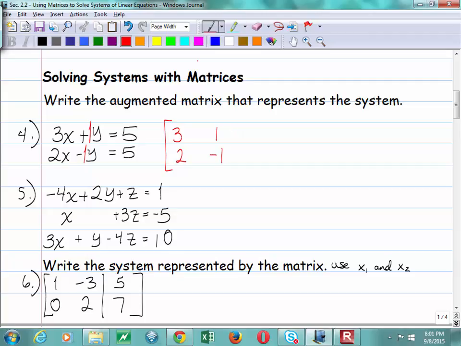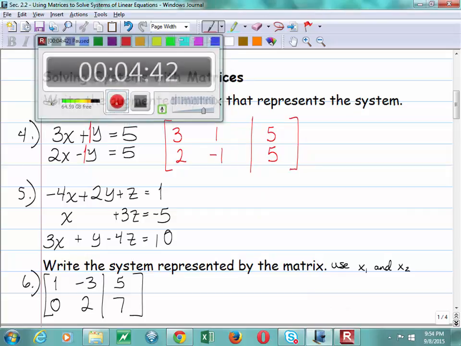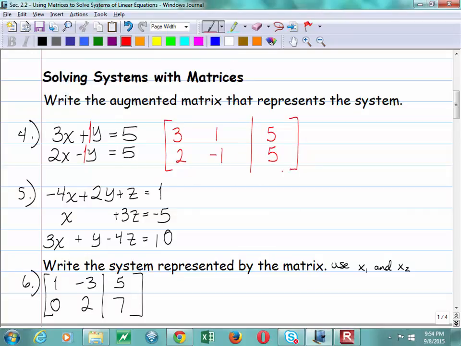And then where the equal sign is, we're going to have a vertical line, and then we're going to have a 5 and a 5 in the last column. And that's going to be my augmented matrix. Okay, so we wrote the augmented matrix, and that's all we have to do for that.